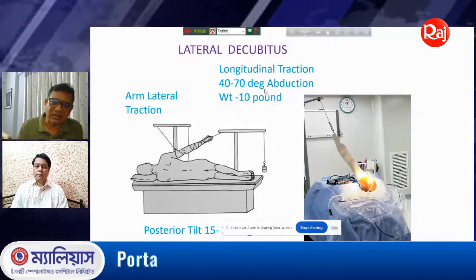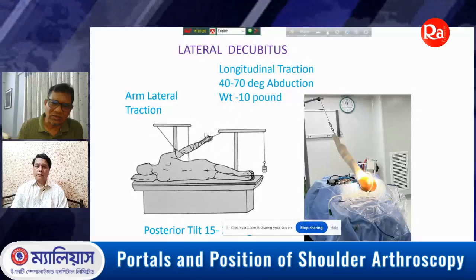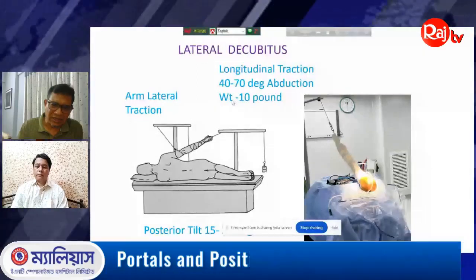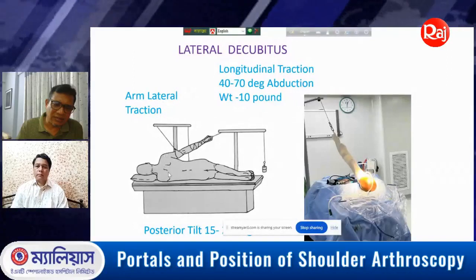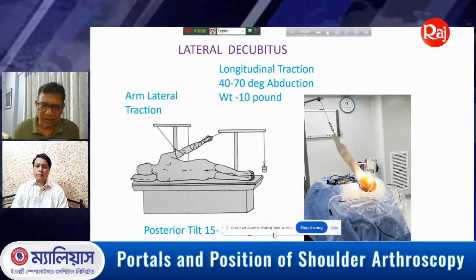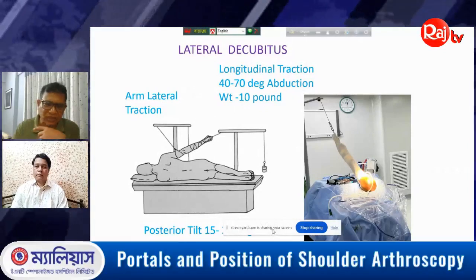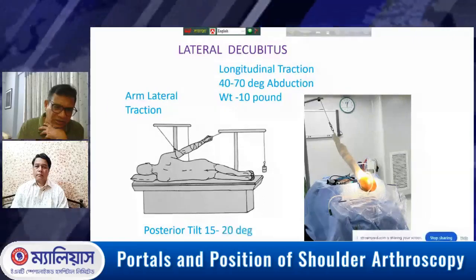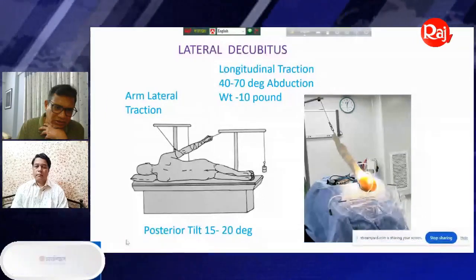Longitudinal traction is usually at 40 to 70 degrees abduction, and it requires a weight of about 10 pounds. The patient is tilted posteriorly 15 to 20 degrees to make the glenoid horizontal, because our glenoid is retroverted 10 to 20 degrees. So posterior tilting is required.